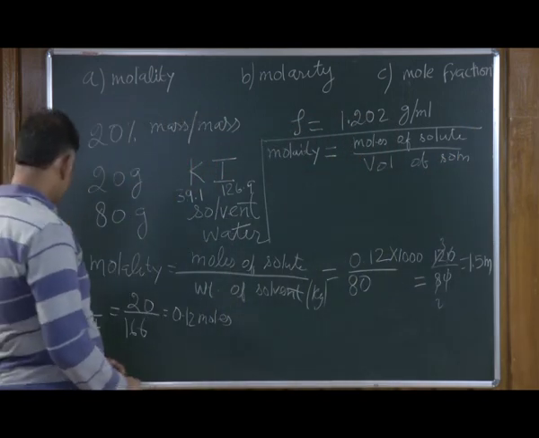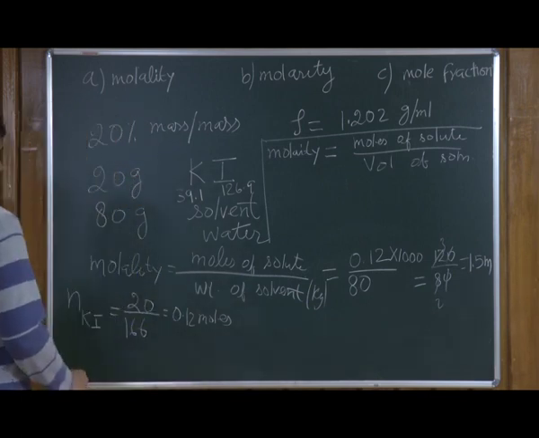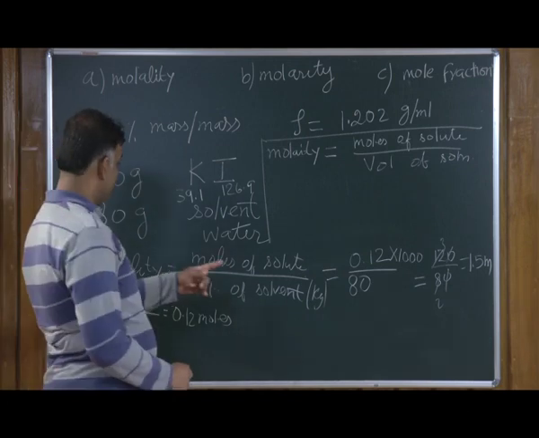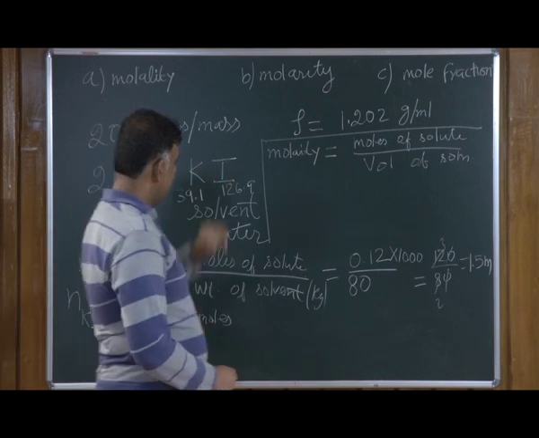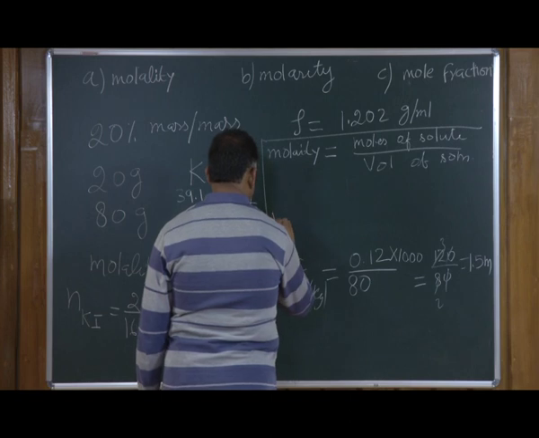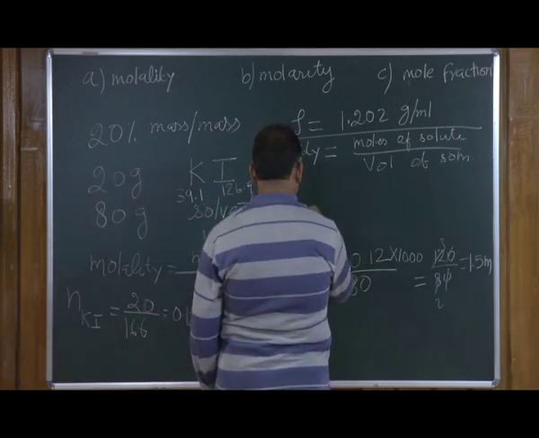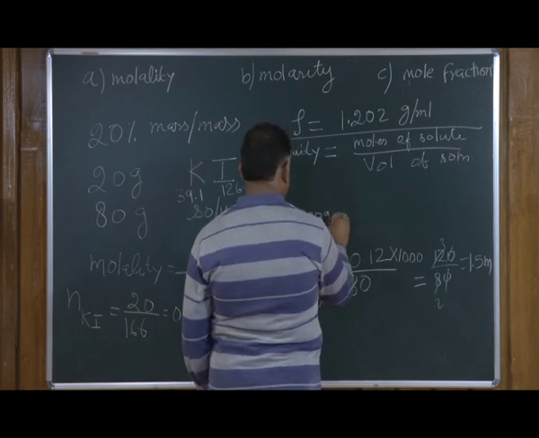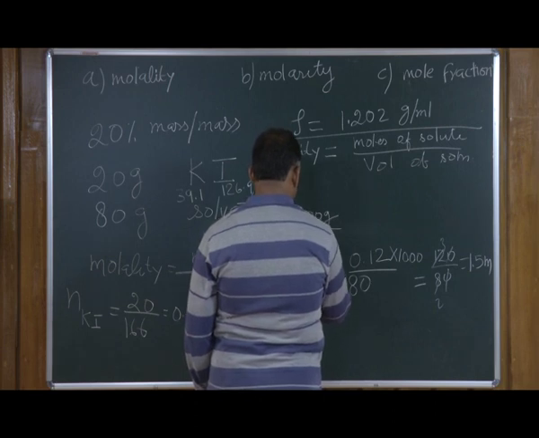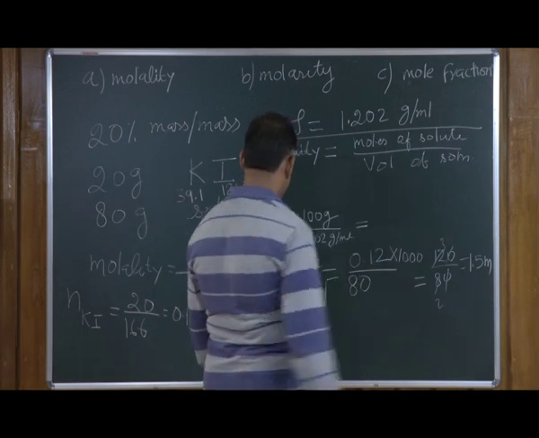Moles of solute we have already calculated, 0.12. What about volume of solution? We know the total weight of the solution, that is 100 gram. We are given the density, 1.202 gram per milliliter. If I divide the weight by the density, that will give me volume.